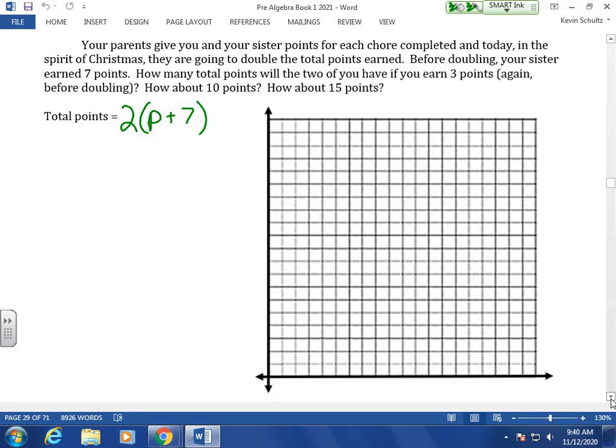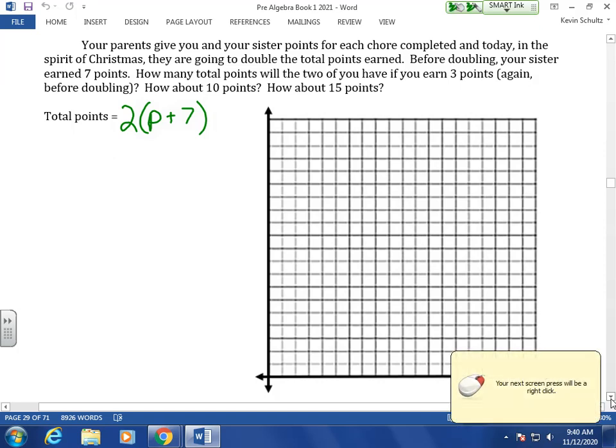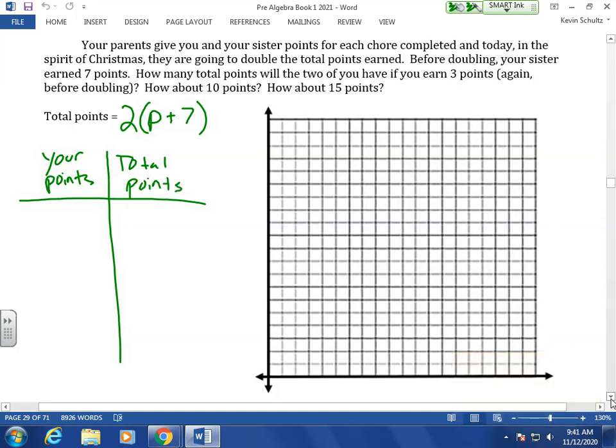So if we make our table here, let's say we'll call it your points, and total points. Okay? It says, how many total points will the two of you have if you earn 3 points?